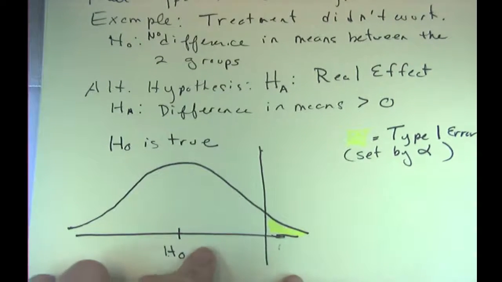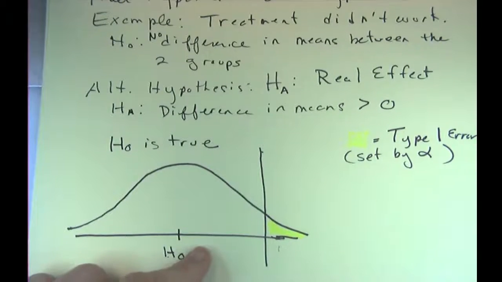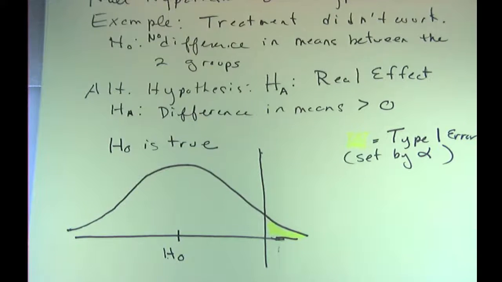Suppose you think that the drug makes some difference. We wouldn't be doing this unless we believed the drug made some difference. And I wouldn't really care about a tiny little difference. I'd probably want to see a difference of a few percentage points at least.